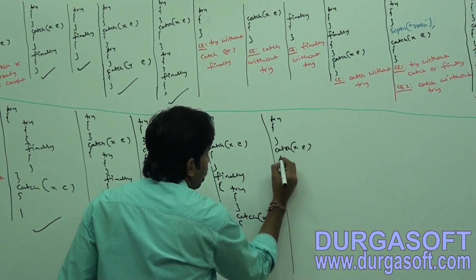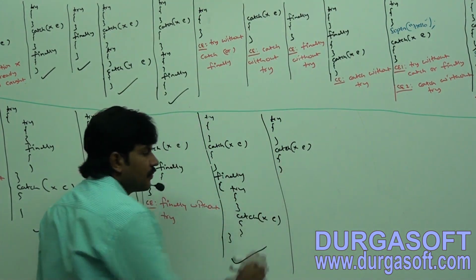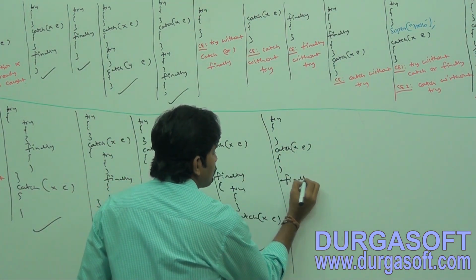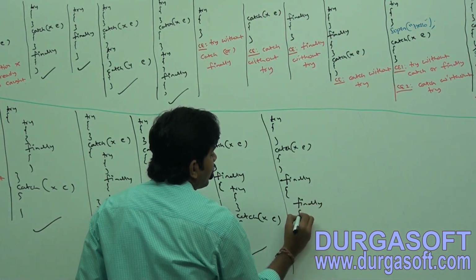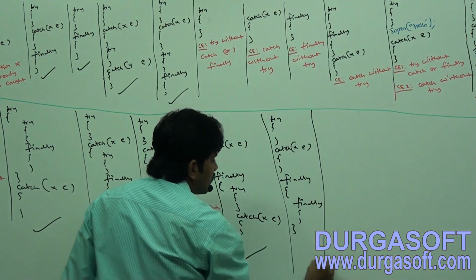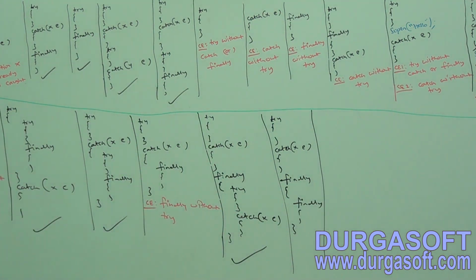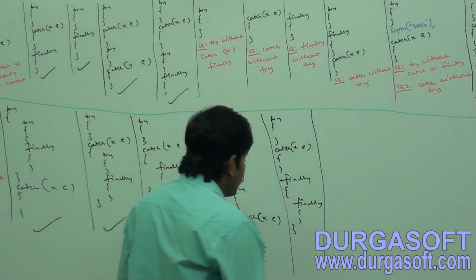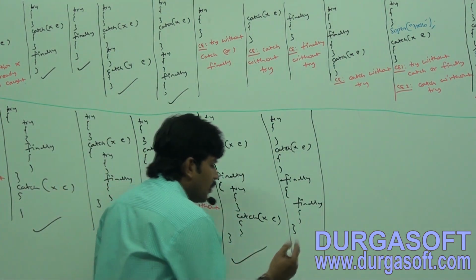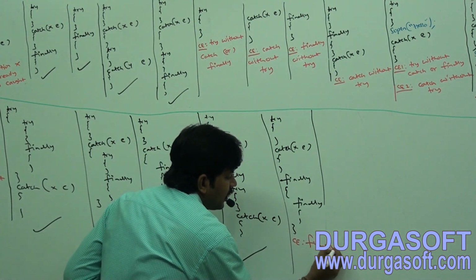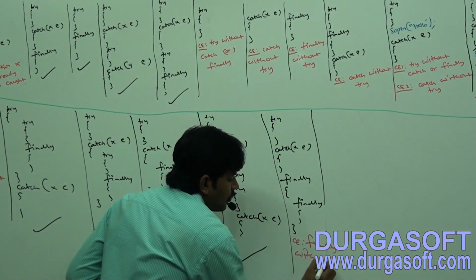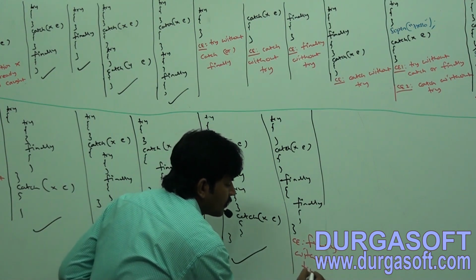Next, try I am taking, catch I am taking, try catch. Finally I am taking. Within that finally, another finally I am taking. Is it valid or invalid? Within the finally, another finally, valid or invalid? Invalid. Can you tell what compile time error?